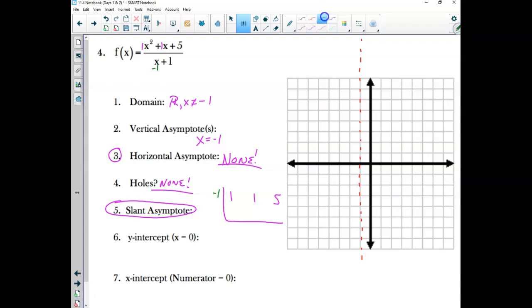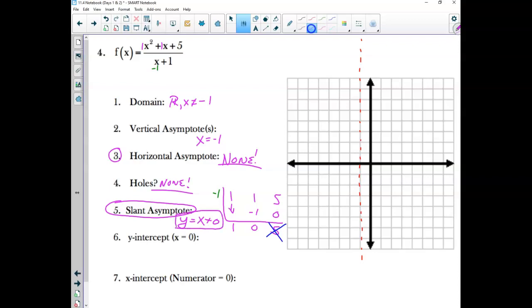So I'm going to divide out a -1, and we drop down. I get a 1, I get a -1, I get a 0, I get a 0, I get a 5. We synthetically divide. We do not care about our remainder for a slant asymptote, and we see our slant asymptote is going to be y equals x plus 0. I don't need that 0, so it's really just y equals x.